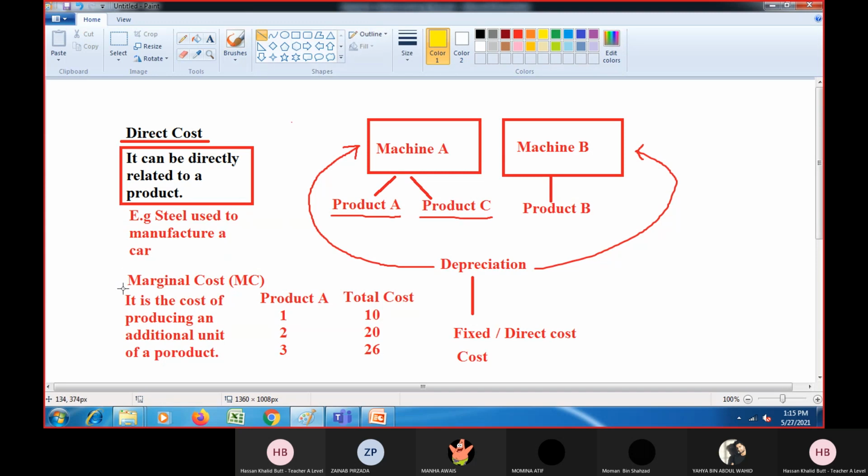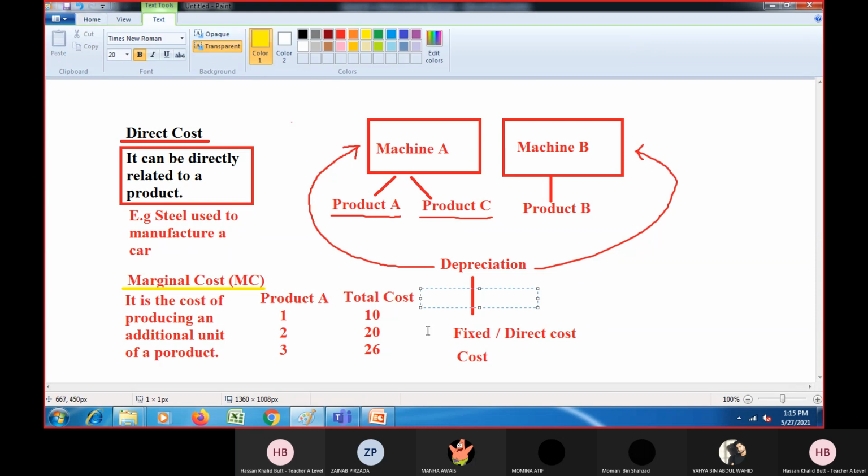So now as the definition states, this is the addition to the cost. So for example, you were producing product A. Earlier there was no cost. So what is the addition? Addition is 10. Right?